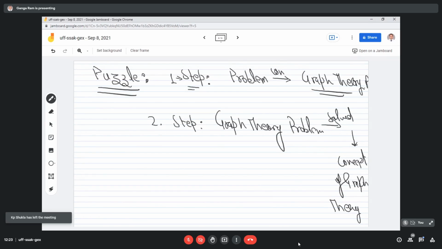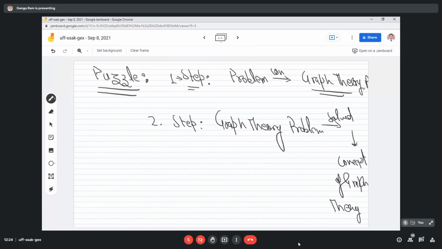And for a sociological problem, like to separate the card, or to measure the center of any locality. Locality means a colony. Suppose we see a colony.